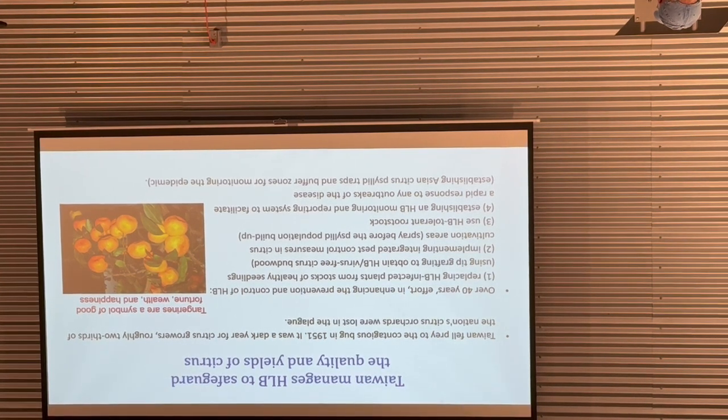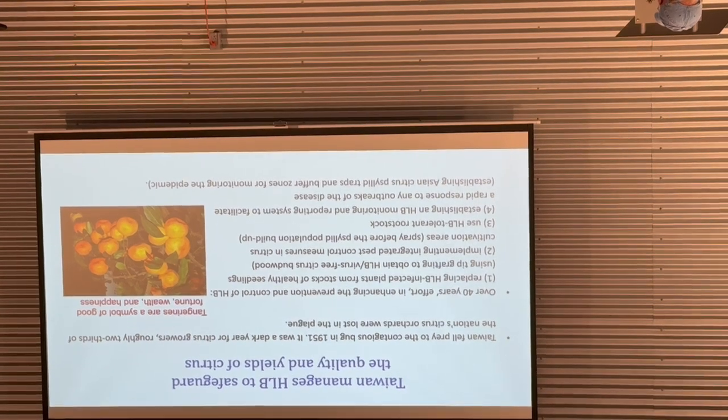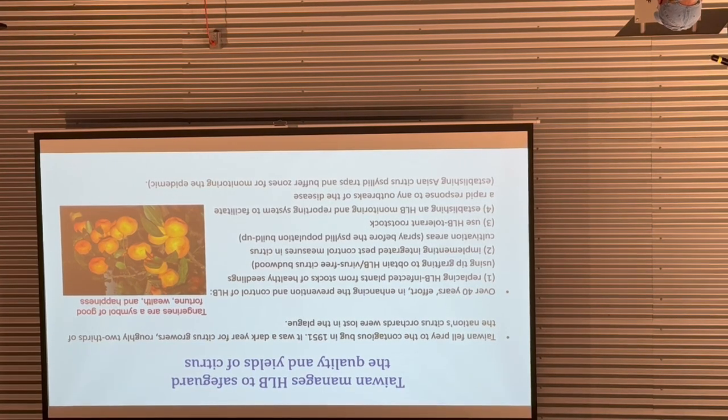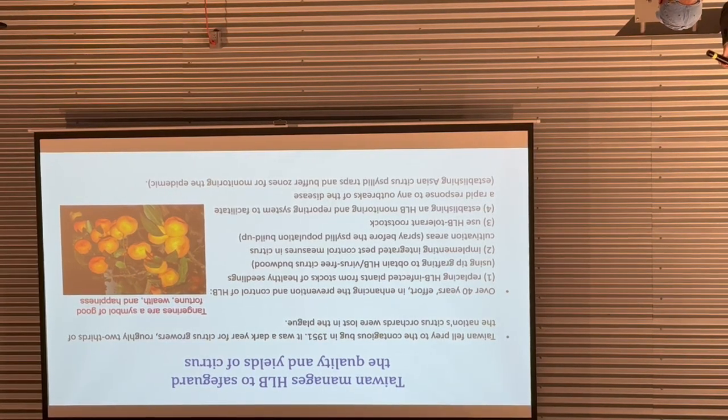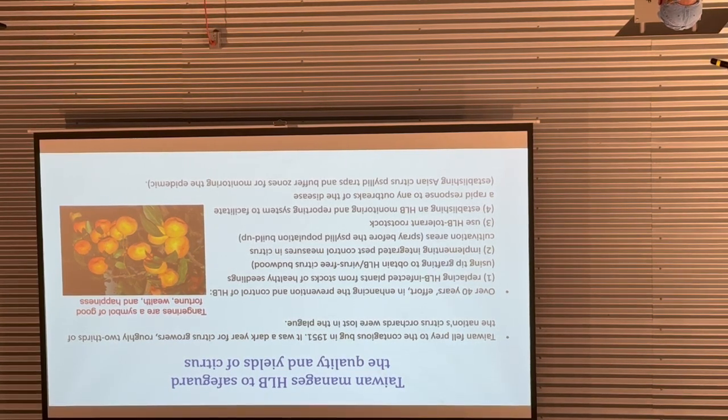And also very important, you need to implement a sufficient integrated pest management program in the orchards. And basically the most important thing is you need to spray before the psyllid population builds up. Once the population is too high, the effect is pretty limited.